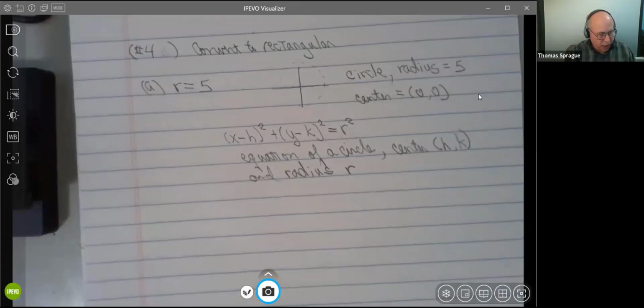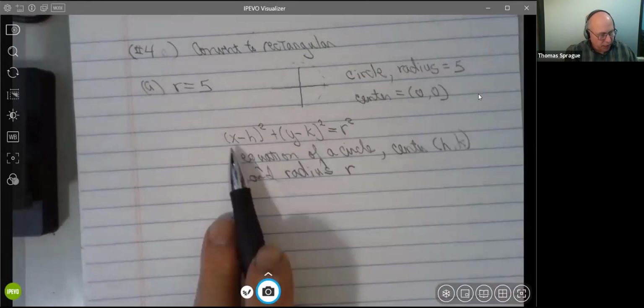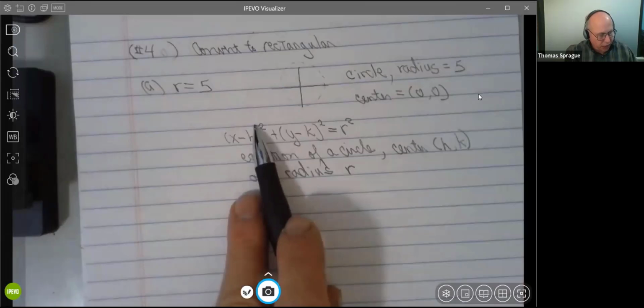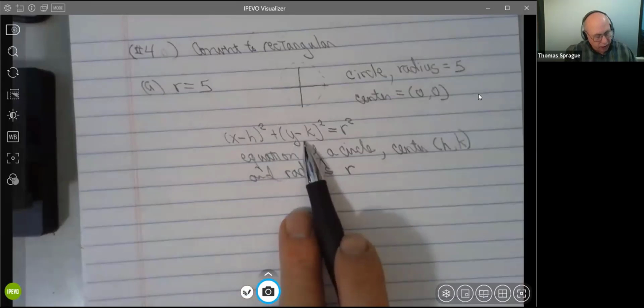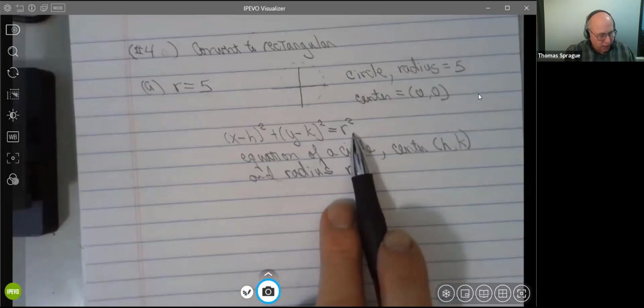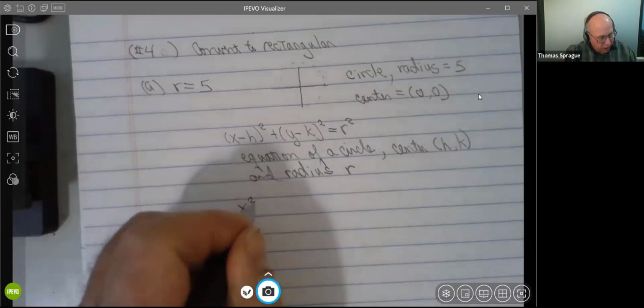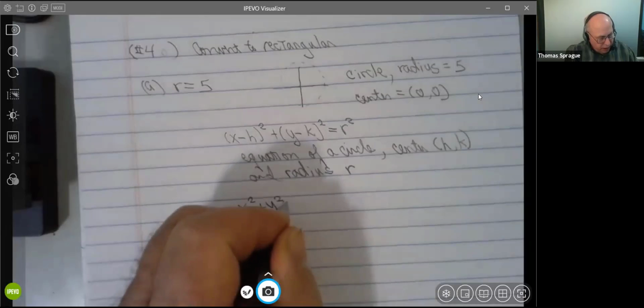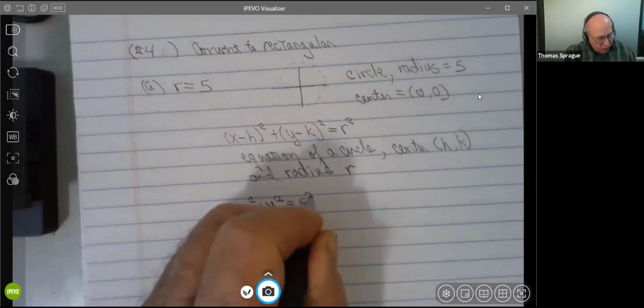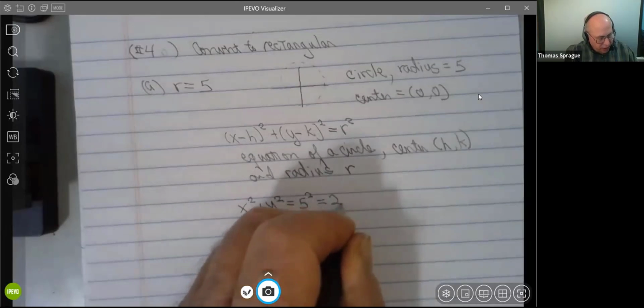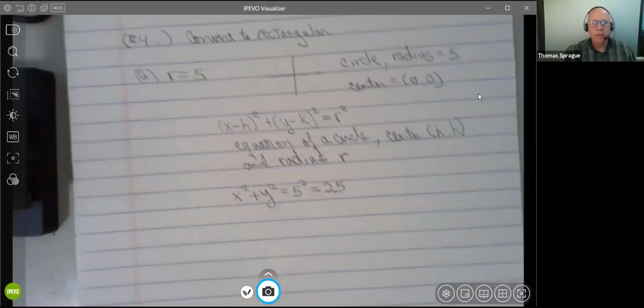So in this case, we have center 0, 0. So you get x minus 0, or x, squared plus y minus 0, or y, squared equals 5 squared. So this turns into x squared plus y squared equals 5 squared, or if you prefer to write that as 25, it doesn't matter. That's fine too.